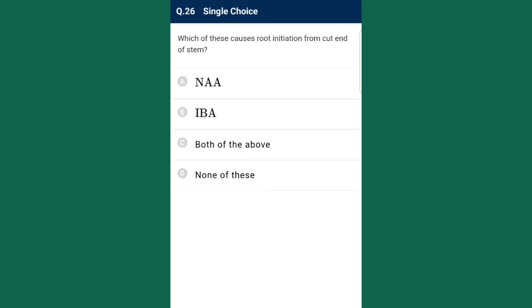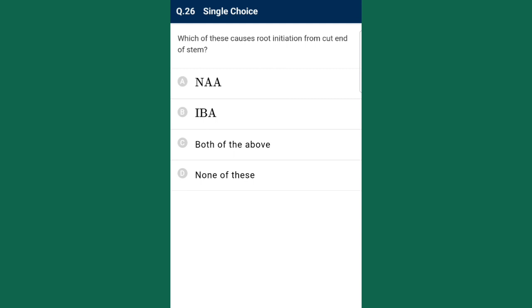Question number 26. Which of these causes root initiation from cut end of stem? Auxin means to grow. The class of plant growth regulators has the following properties. NAA and IBA both are essential for root initiation from cut end of stem.